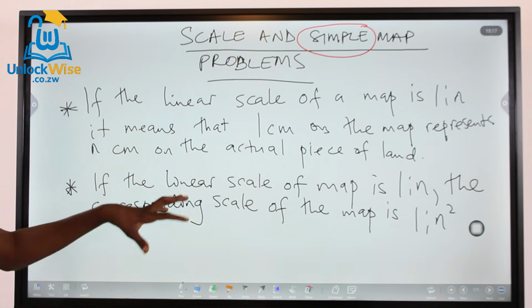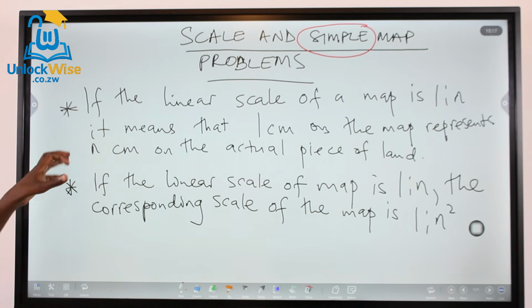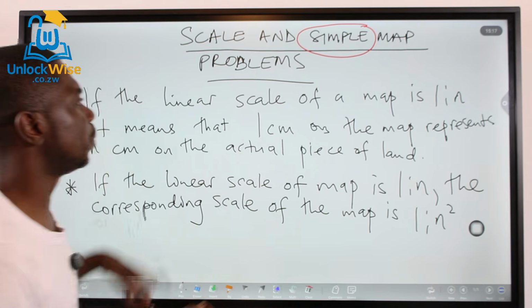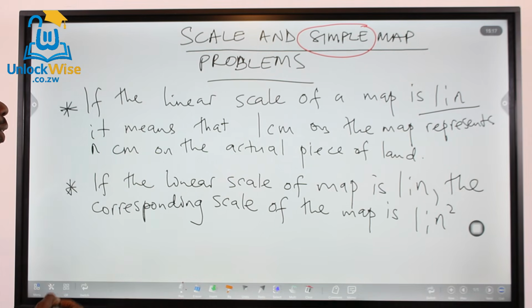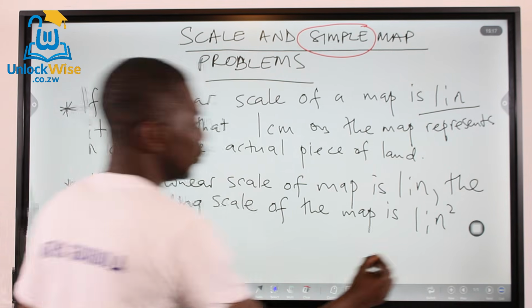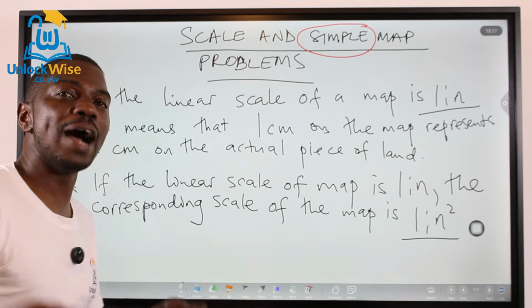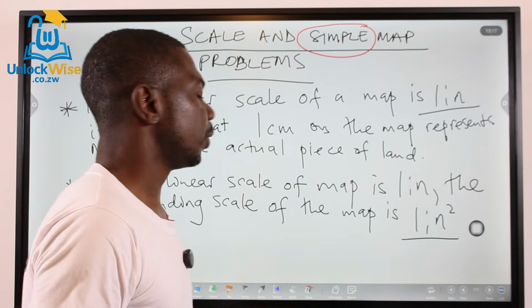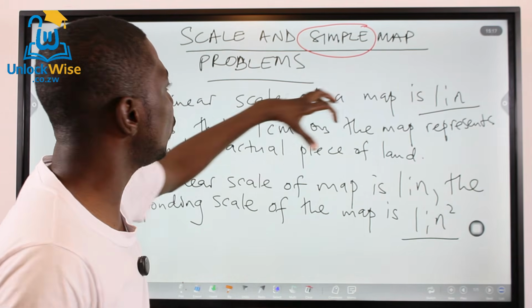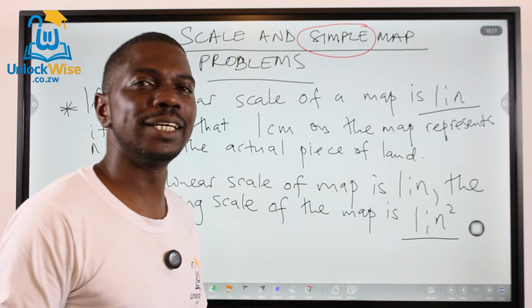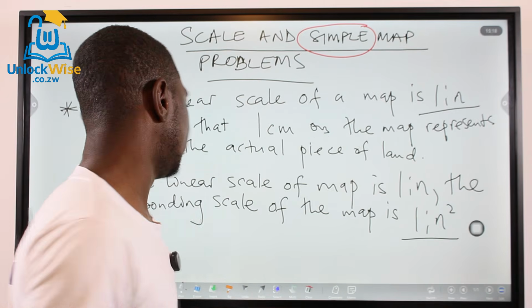So this is going to be our linear scale, our scale on the map. And this is going to be the scale of our area, right? We are going to square the scale factor so that we get the area factor, right?